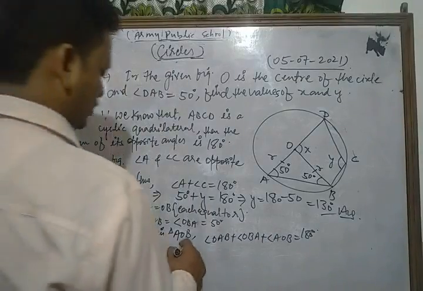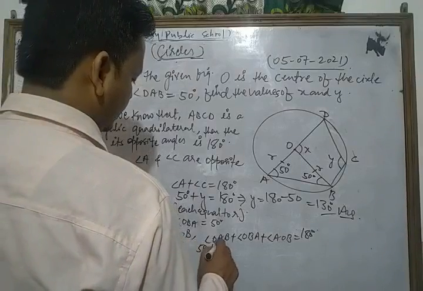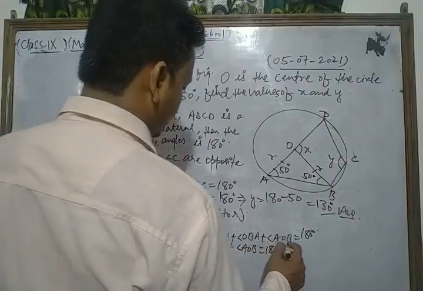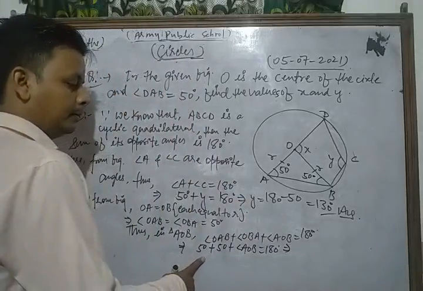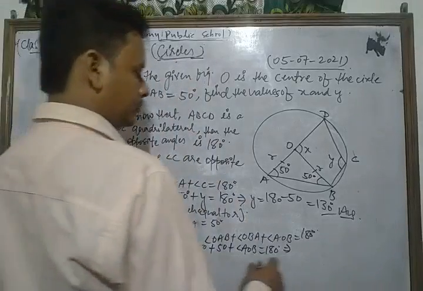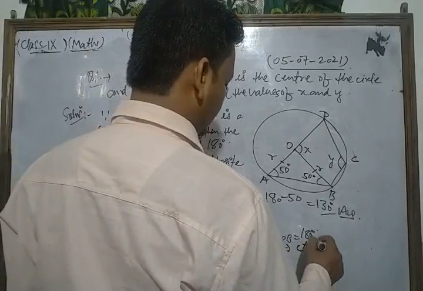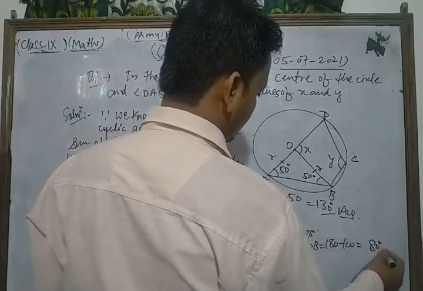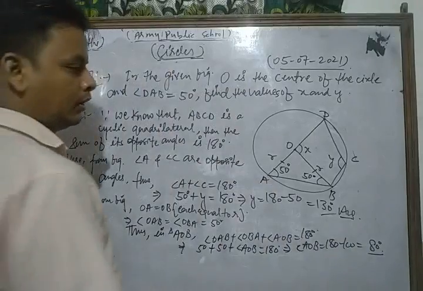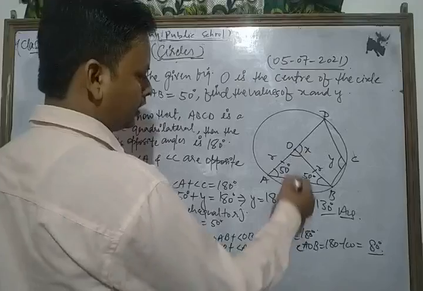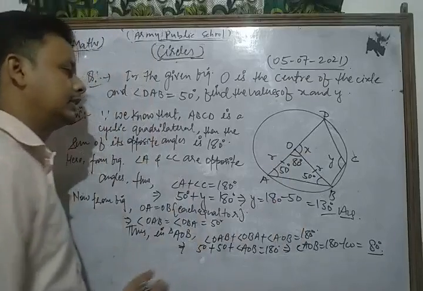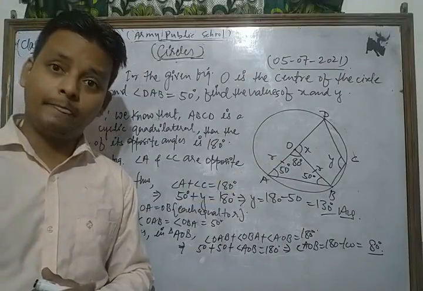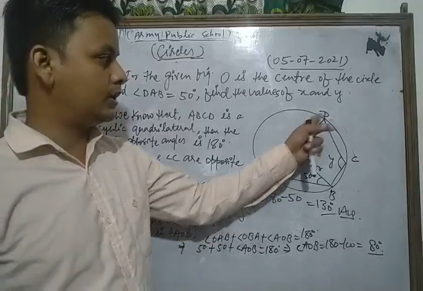Now we put 50, 50, so 50 plus 50 is 100. So angle AOB is 180 degrees minus 100, that is 80 degrees. So in this way we find that angle AOB is 80 degrees.